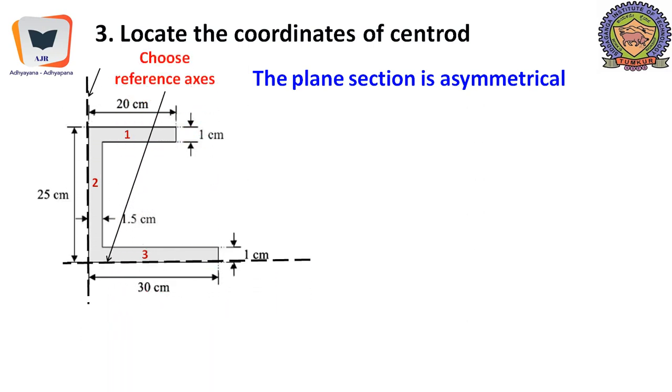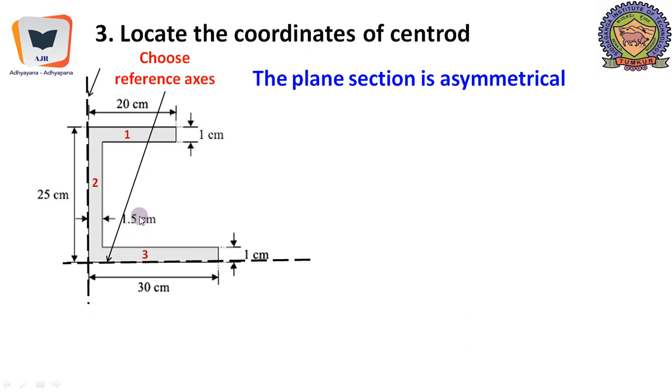Now then, after having identified the asymmetry of this figure, we need to draw two reference axes, one in this corner, the other one here: the reference x-axis and reference y-axis. For a moment we should assume that this entire figure is glued with respect to the reference axis.